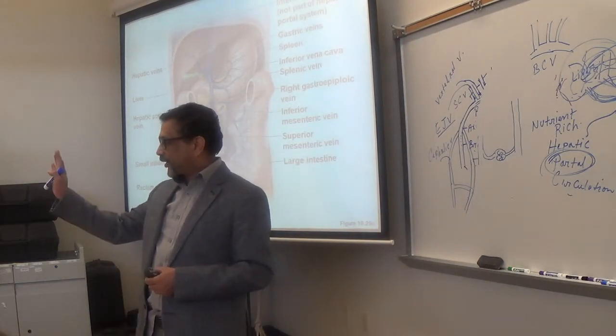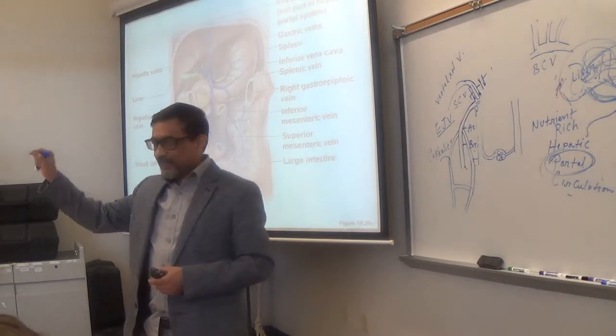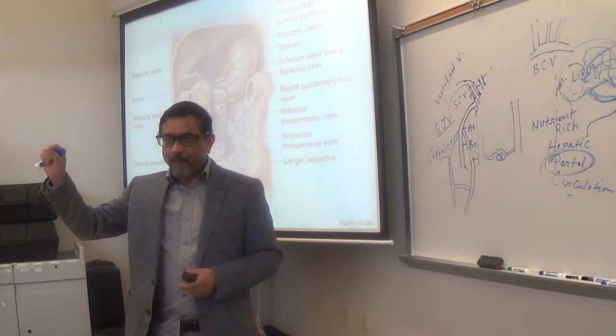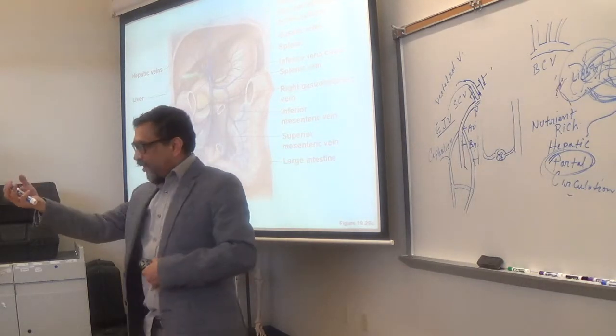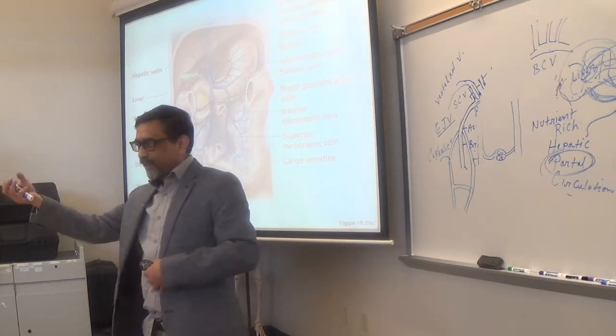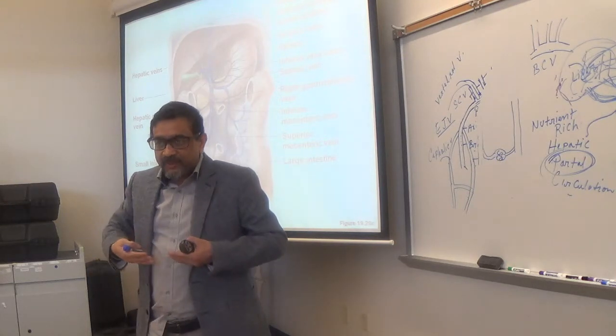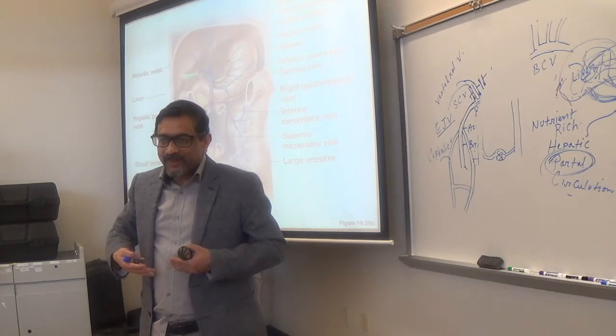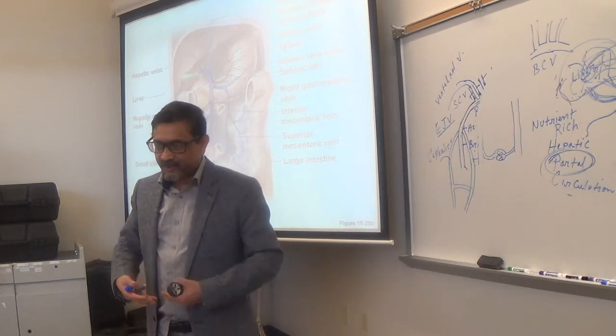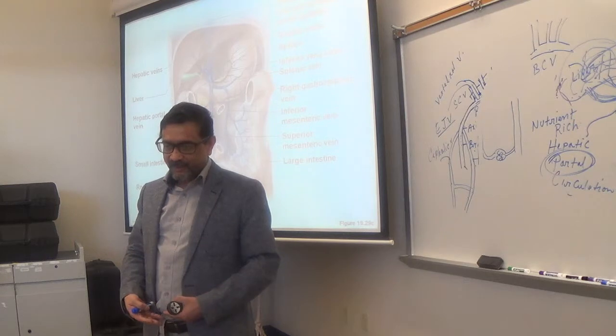You remember in the last class I said superior mesenteric, inferior mesenteric; veins take the blood from the intestine. The upper part of the intestine is mainly the small intestine, and the lower part is usually the large intestine, mostly.